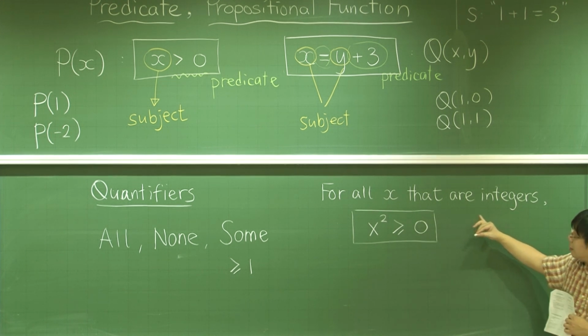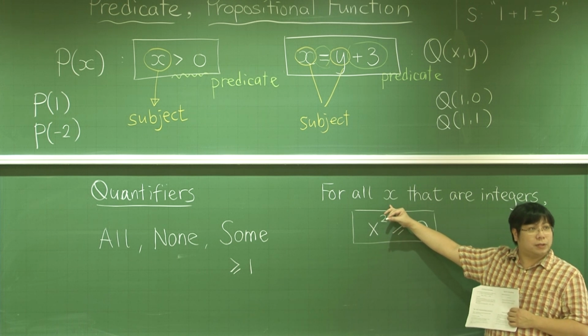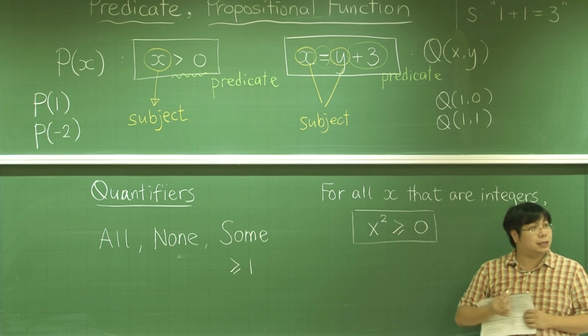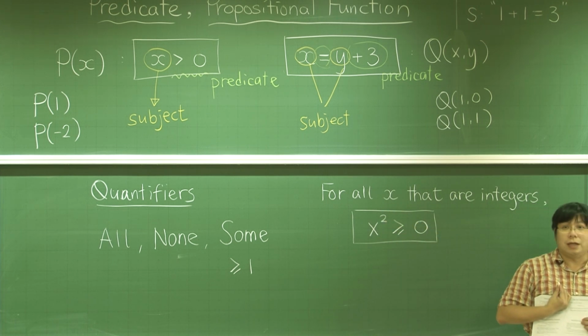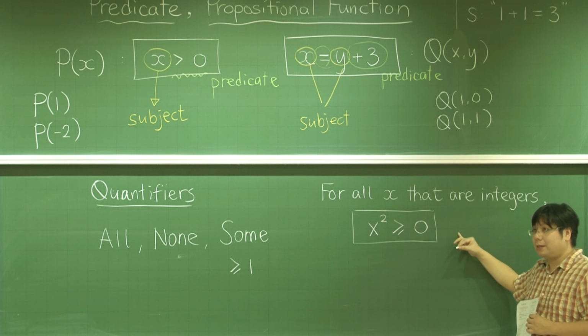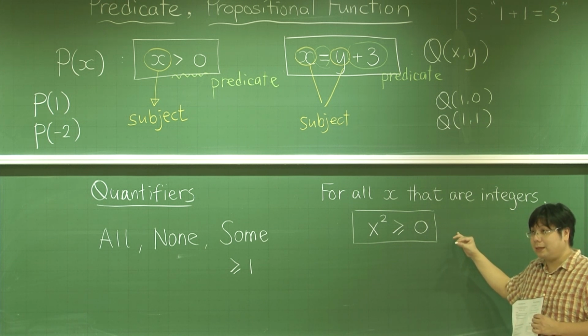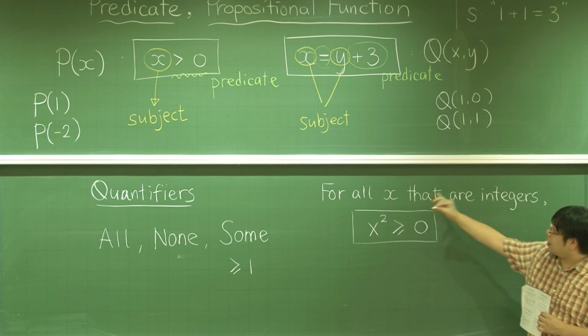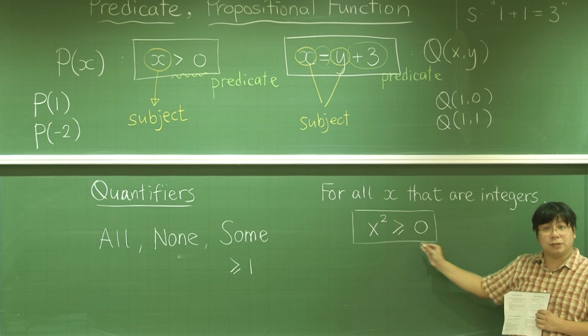It says that we should look at all the possible x and check whether x squared is greater than or equal to 0. If it is really the case, then it is a true proposition. Otherwise, it is false. So here, it is already a proposition now. You can talk about whether this is true or false.